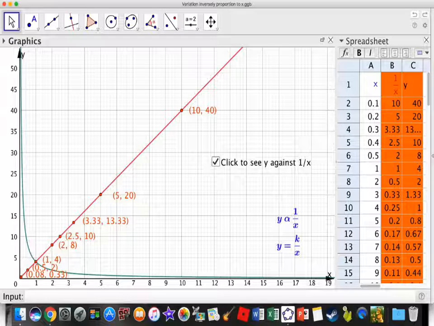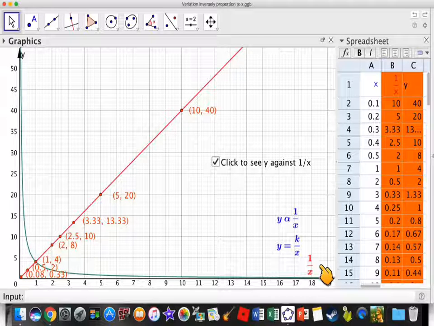What we will see is that all the points lie in a straight line, and this is why we can say that y is proportional to 1 over x, because there is a linear relationship between y and 1 over x. We've made the axis here now labelled 1 over x against y, and what you get is a straight line.